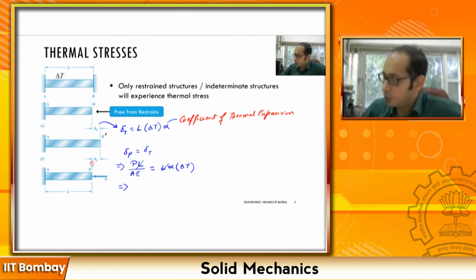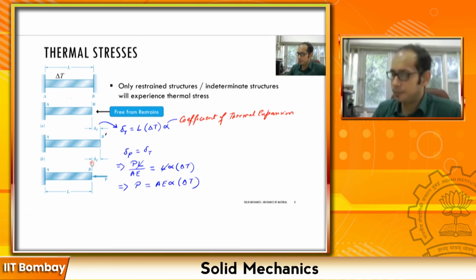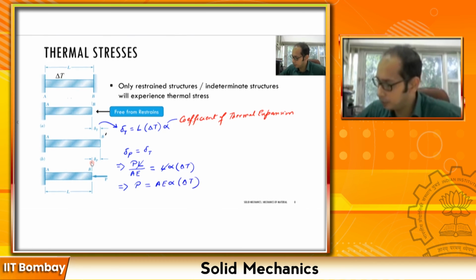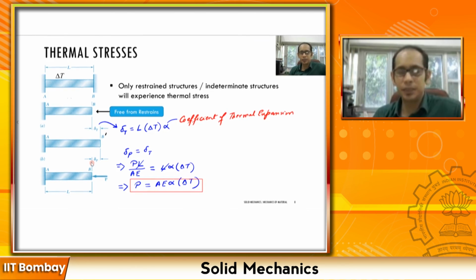So what I eventually get is that my force P is equal to AE alpha delta T. Simple. I messed up that rectangle, let me do that again. So this is AE alpha delta T that I get.